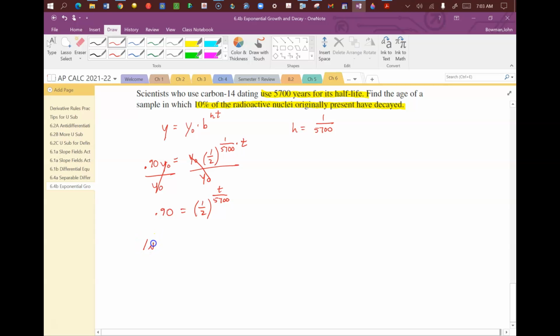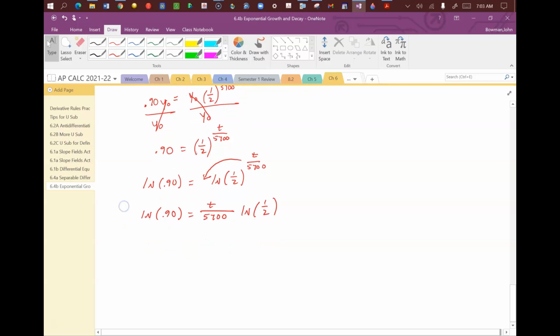I'm going to use natural log, so natural log of 0.90 is equal to natural log of 1/2 to the t over 5,700. But by properties of logs, that t over 5,700 can come down here, so we have natural log of 0.90 is equal to t over 5,700 times natural log of 1/2.